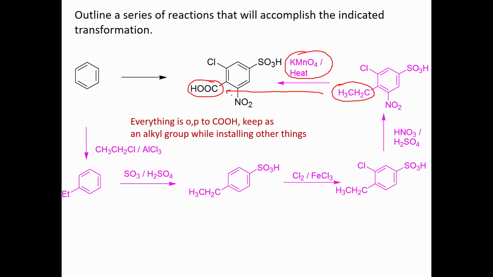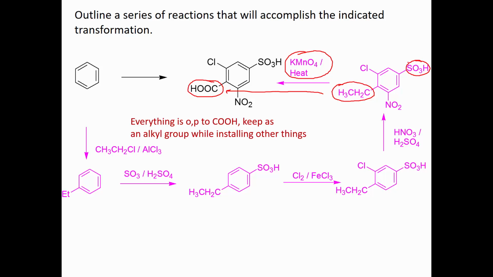All right, now, while this is an ethyl group, as stated before, it's going to control where all these other things go, okay? All right, so everything is ortho para to the ethyl group. And so all we have to do is install the substituents.